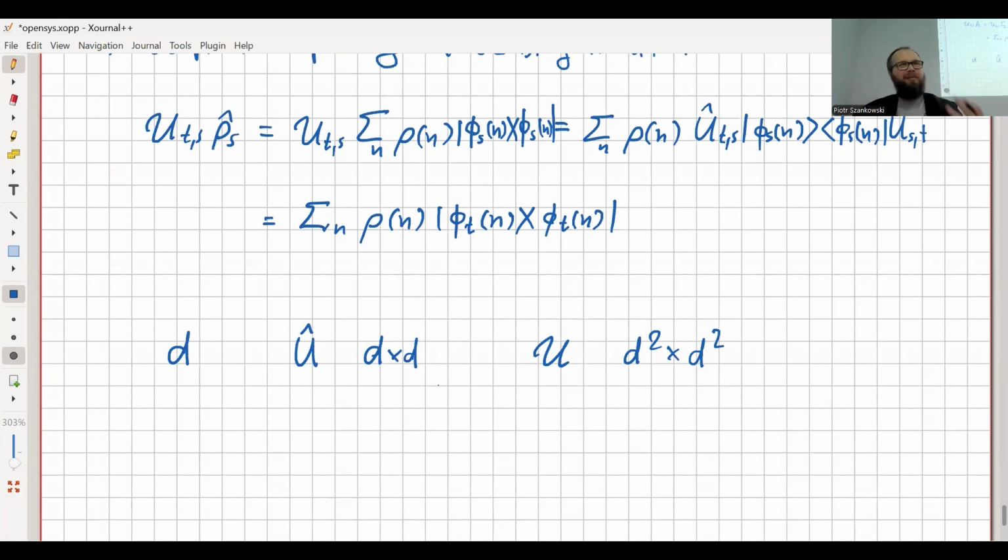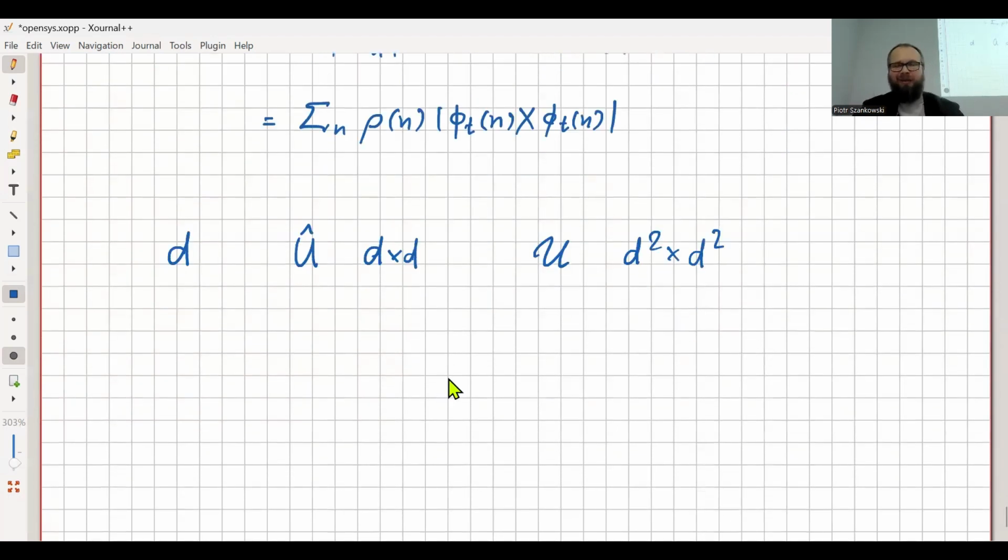And this might be problematic, because you have exponentially larger dimension, so your matrix is also much bigger. So this might pose some problems. But it's not really a huge problem because U_TS, we have this favorite identity, right?